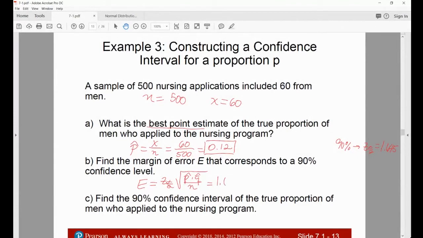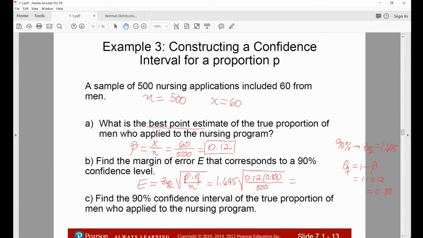So the margin of error will be 1.645 times the square root of P hat, so P hat is 0.12, times Q hat. How do we find Q hat? Q hat will be 1 minus P hat. So 1 minus 0.12, that's 0.88. So that's the number that we're going to multiply here, and divided by the sample size. The sample size N is 500.